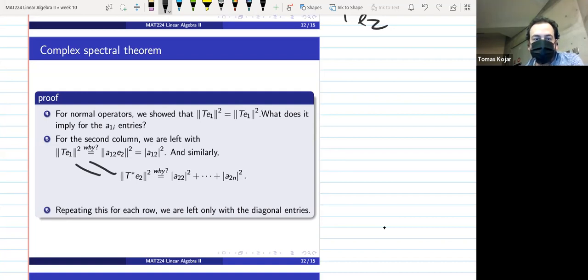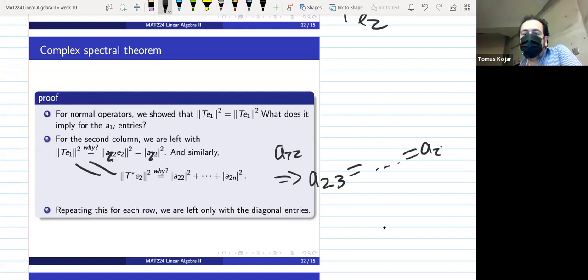So from here, you will get this would be A2. So the only guy that survives is the A22 guy, but then the A23 to A2n are all 0, same argument. Okay? All right, fine.